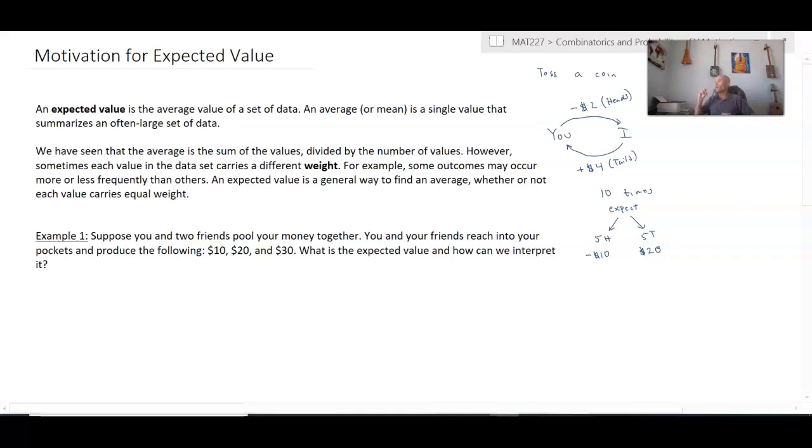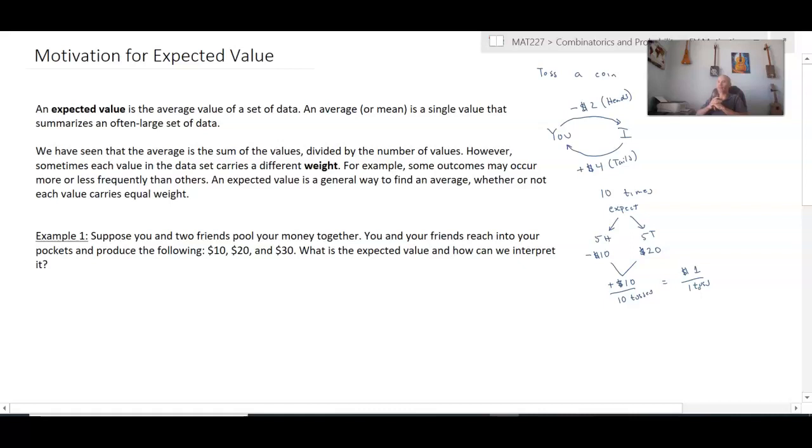Okay, so in net, you came up with a gain of $10. $10 net gain. And if we average that out across the 10 times we played, per 10 tosses, then you actually gained $1 per toss.